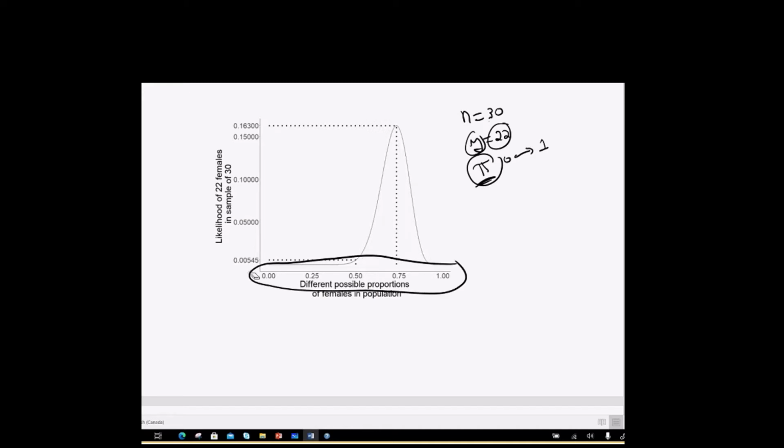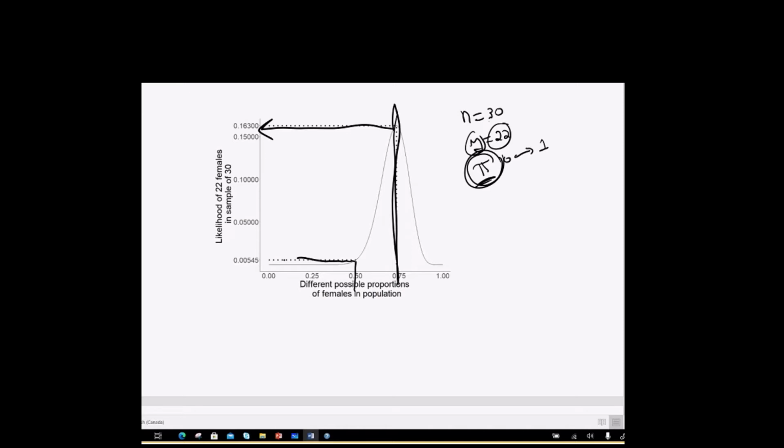And what we can see is we could use this likelihood function to see, okay, what would be the better guess about the population parameter pi, and we say, okay, here's one guess, 0.733, there's its likelihood. Here's another guess, equal proportion of males and females, much smaller likelihood, and therefore we would say okay, we would choose this as being the more preferable estimate for our parameter pi.